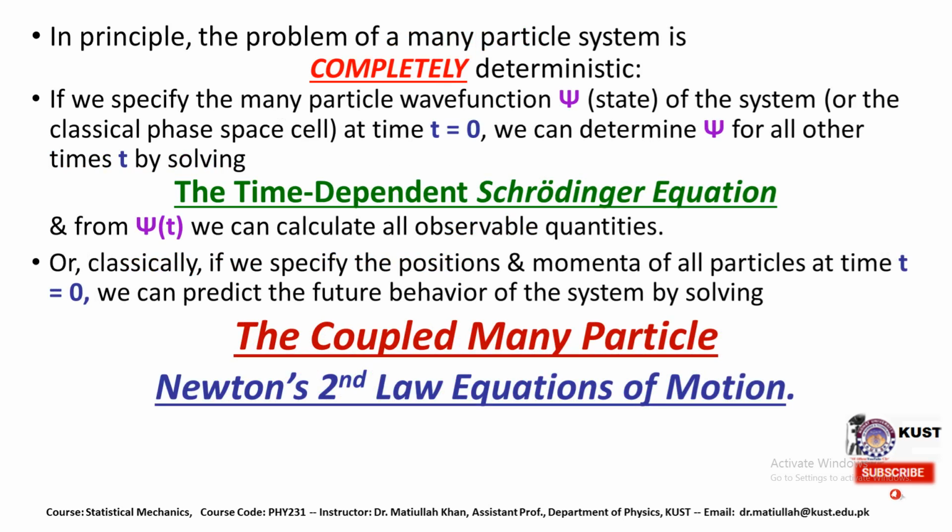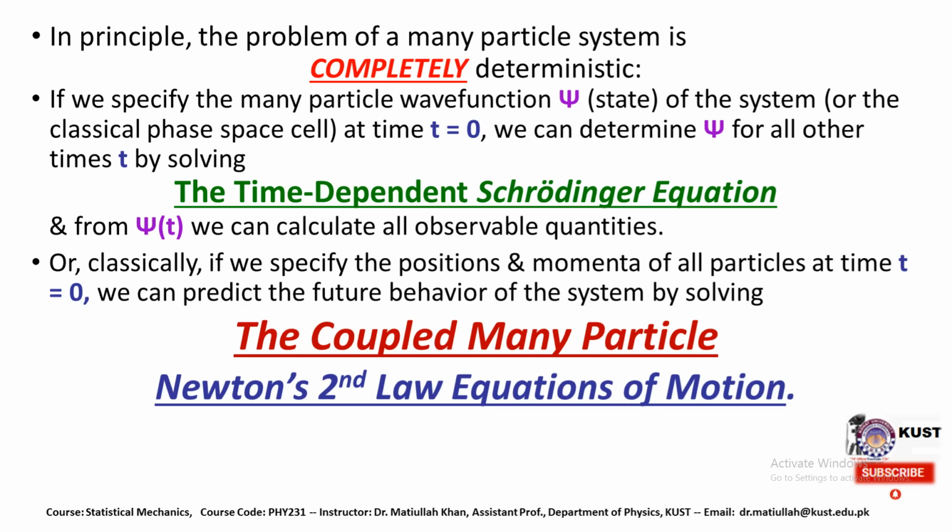So in principle, the problem of a many particle system is completely deterministic. If we specify the many-particle wave function of any particular system, just like what we do in classical phase space, at time t equal to 0, we can determine psi for all other times t by solving the time dependent Schrodinger equation.